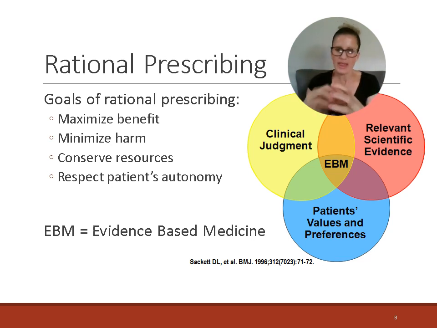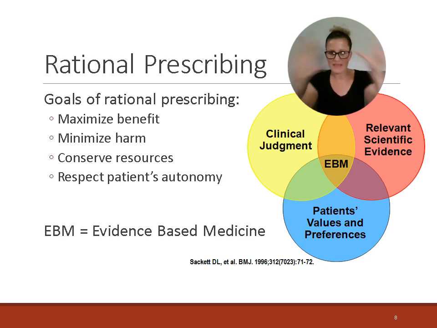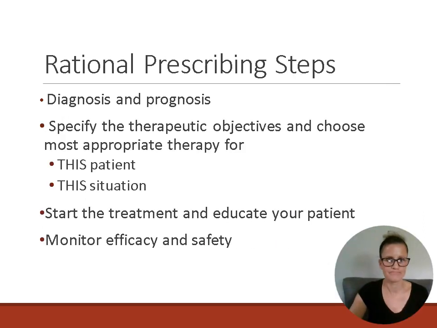That little overlap there in the middle where all of that is coming into play is evidence-based medicine. That's what we should be doing. So, to practice evidence-based medicine, which is what you will be doing, you've got to utilize rational prescribing.